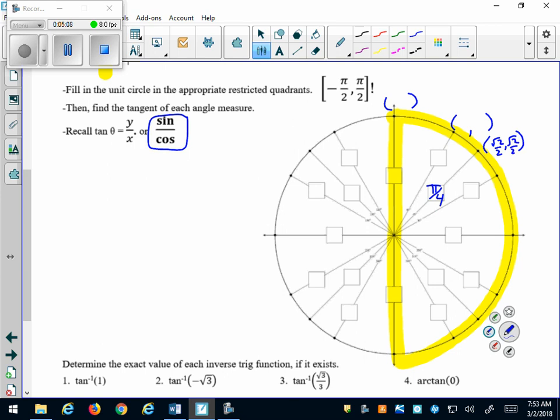So when I think tangent, I'm going to think sine over cosine, so that's the y over the x. Well, these are identical, so it's root 2 over 2 over root 2 over 2. Remember, dividing by a fraction is the same thing as multiplying by the reciprocal. So I'm multiplying by 2 over root 2.